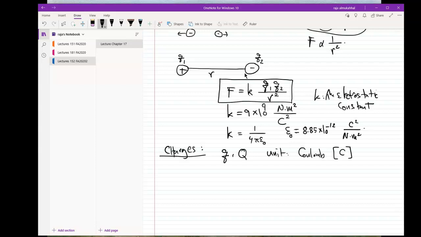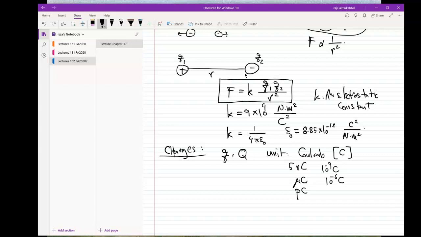So most of the time when you're reading a problem, you don't really see Coulomb. It will say something like a charge of, say, 5 nanocoulomb or microcoulomb. Could be picocoulomb. Nano here means 10 to the negative 9 coulomb. The micro is 10 to the negative 6 coulomb, a millionth.